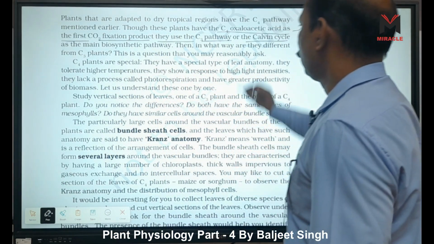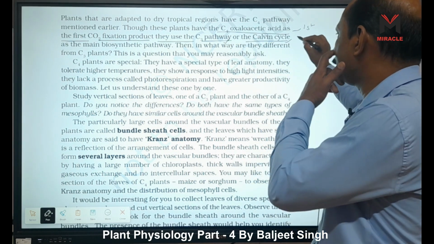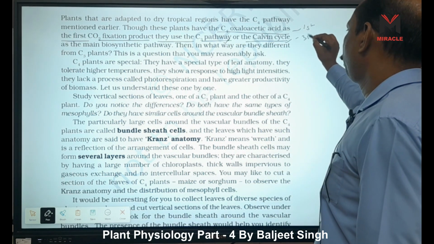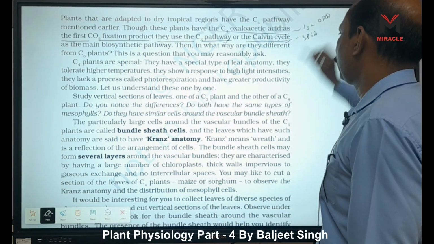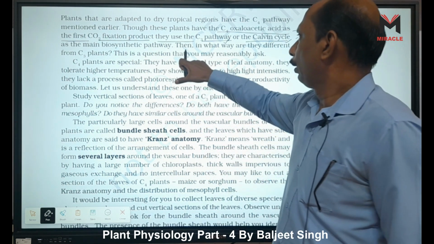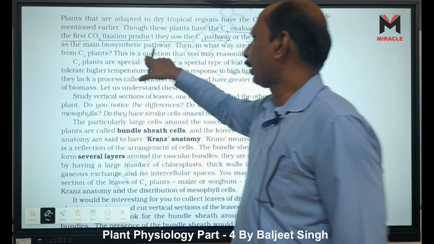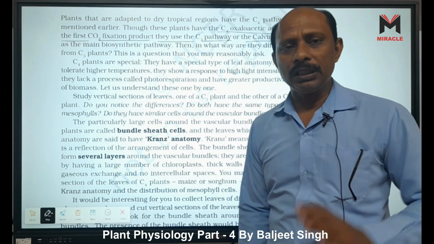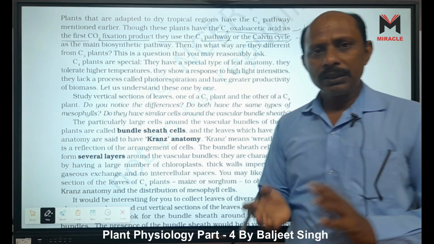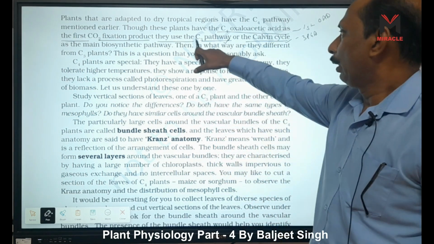In the C3 or Calvin cycle, it is 3PGA, right? Here we have oxaloacetic acid as the main biochemical pathway. C4 always uses C3 because, as I already told you, C3 is universal, right?